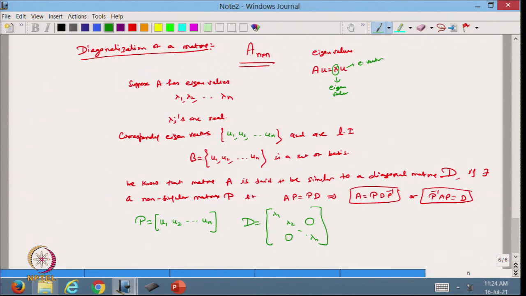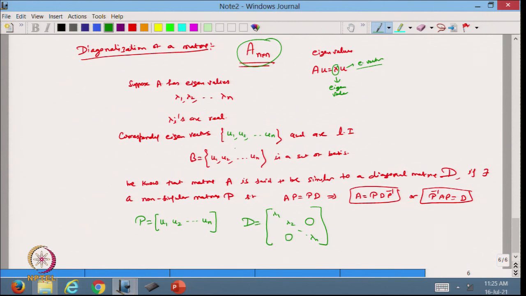So, what we have done here is that we have started with any matrix, and then corresponding to this matrix we have calculated the eigenvalues and the corresponding eigenvectors, and from here we are able to get n linearly independent eigenvectors.